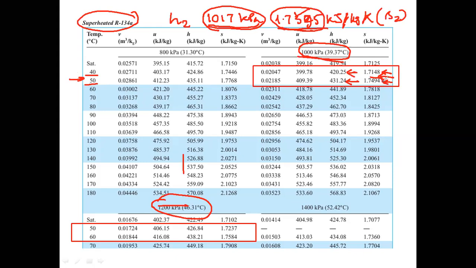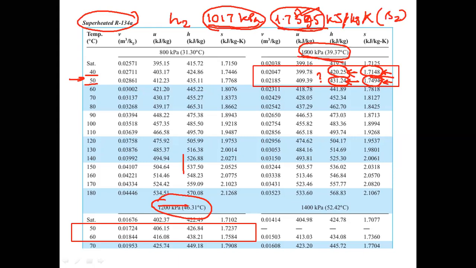For these two entropy values, the enthalpy values are given at 1000 kilopascal. Therefore, our aim is to determine what is the enthalpy value in between, where the entropy value is this much.